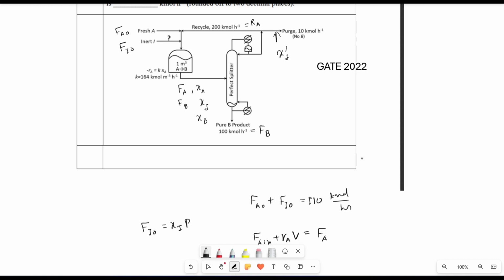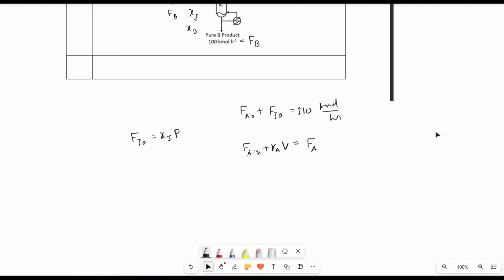At the reactor outlet it is xi, and at the distillate of the perfect splitter all are primed variables. Similarly for B, there is no inlet, so 0 plus R B V is equal to FB, which is already given as 100 kilomole per hour.